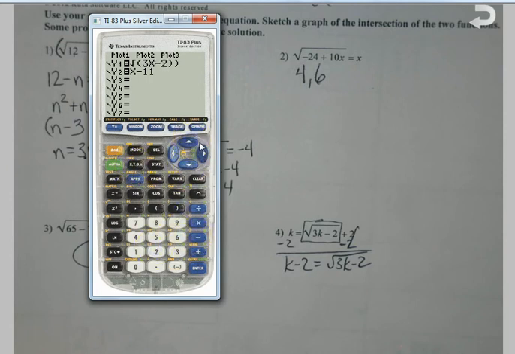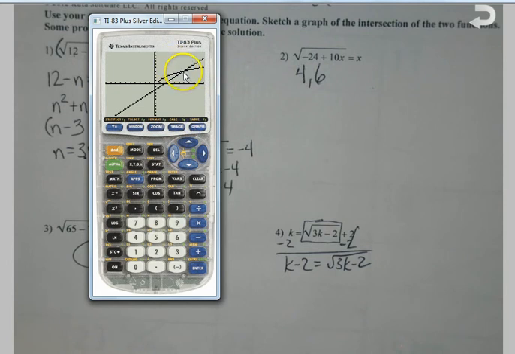Oops, I don't need a double parenthesis though. Okay, make sure I'm being accurate here. Yes. Okay, I see they cross this time. Looks like right about here. So I'm looking at around, I don't know, 5 or 6 maybe.